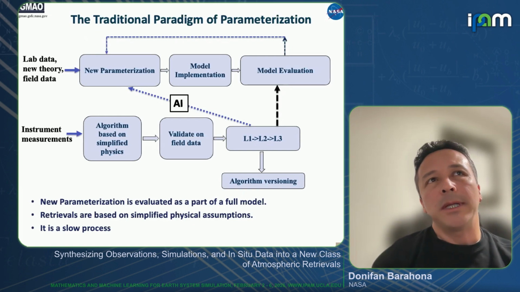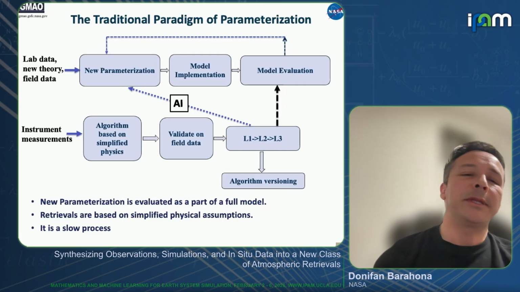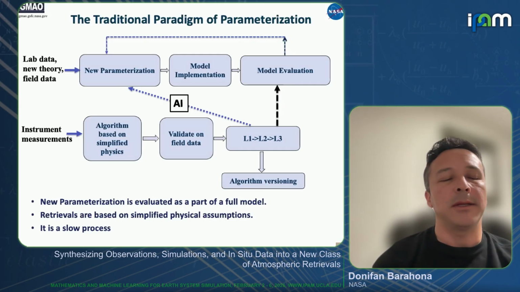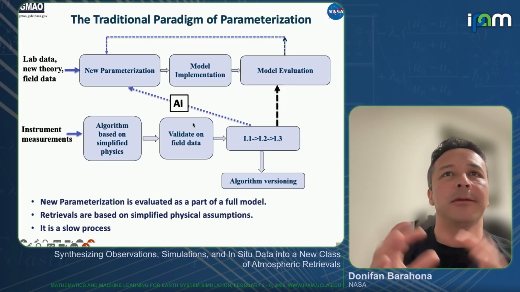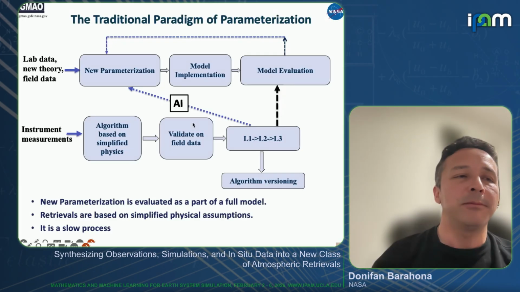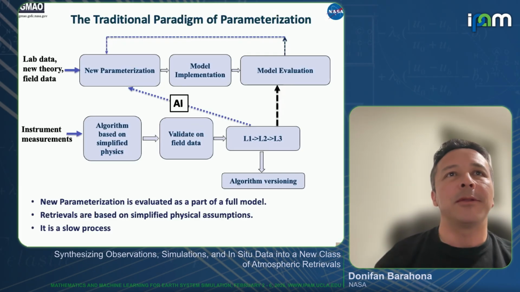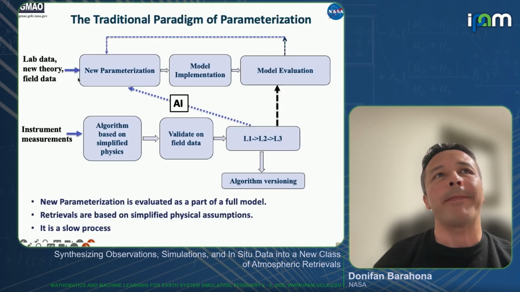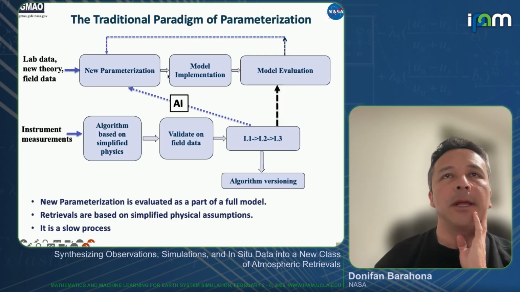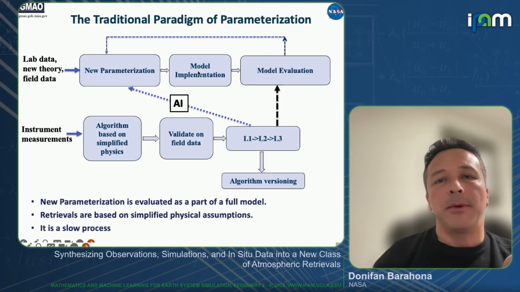If you think about how we develop new parameterizations, new data and new schemes in a GCM, typically, I put this together, it's not supposed to be all-encompassing, it's just a way to think about things. So we have lab data, or new theory, or field data, and then we come up with a new parameterization that is eventually implemented in a model.